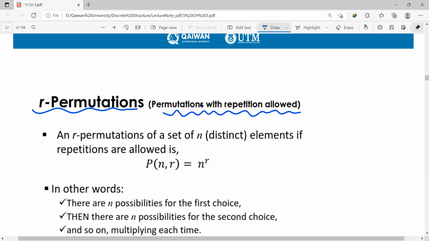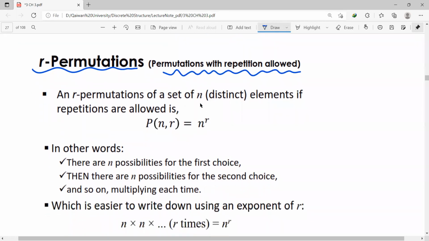Permutations with repetition allowed. If we have r-permutations of a set of n things, that means we are going to choose r things from n things.